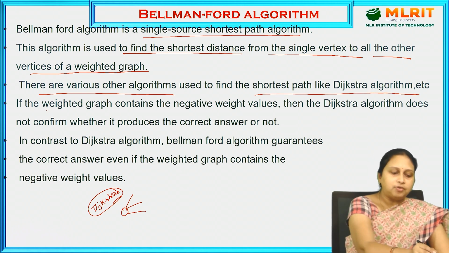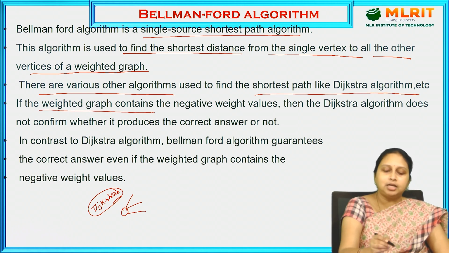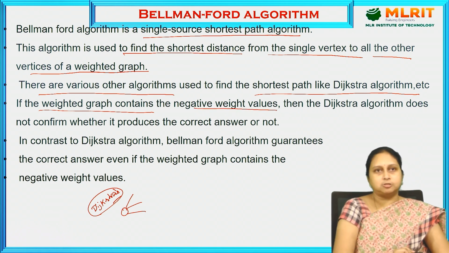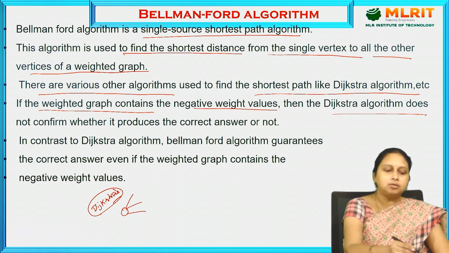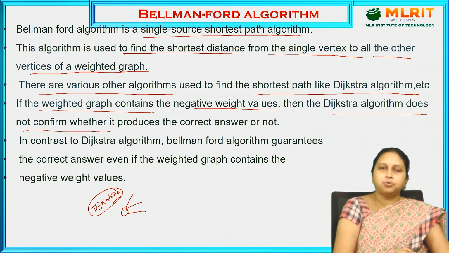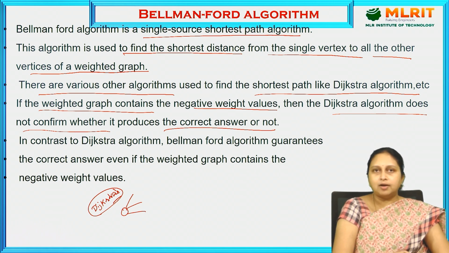But if the weighted graph contains negative weight values, then Dijkstra's algorithm does not confirm whether it produces the correct answer or not. If you have negative weights in the graph, Dijkstra's algorithm will not produce the correct answer.